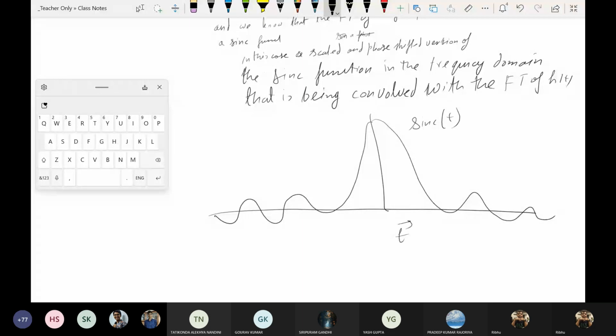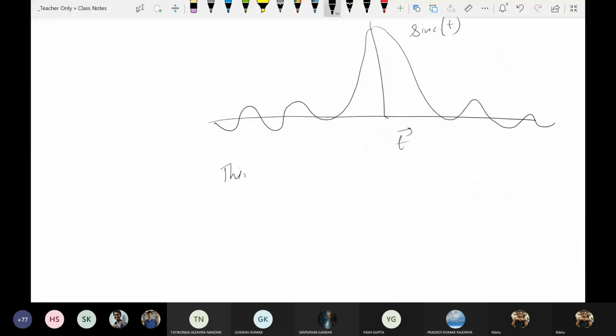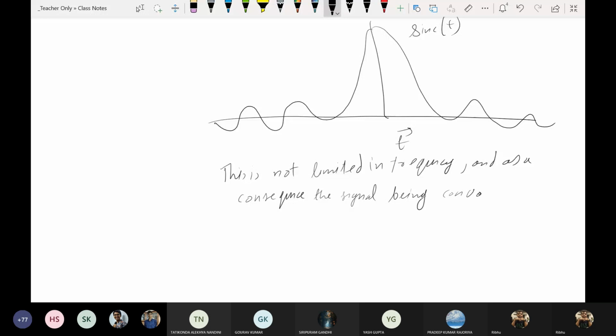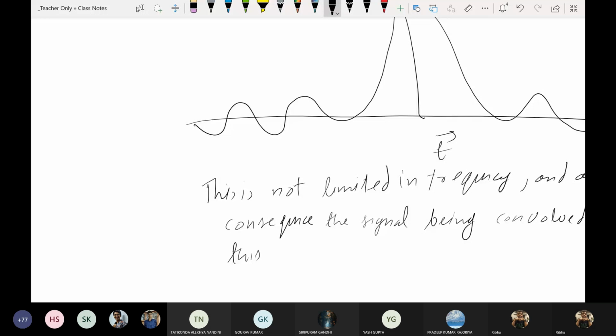Therefore, since the sinc function looks like this, we know that this is not limited in frequency, and as a consequence, since the length of a convolved signal is longer than the length of either of the two signals being convolved, the signal being convolved with this can also be unlimited.